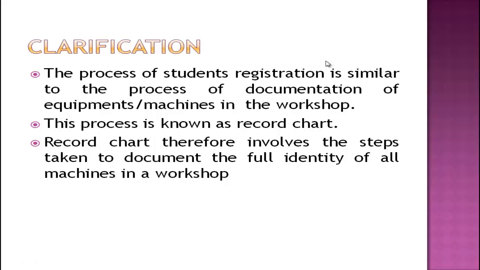You will observe that at the beginning of the session, you are expected to register, you are expected to provide all your own identity, the courses you're going to take for that semester, and all other courses that maybe you have previously as carryovers, and so on.